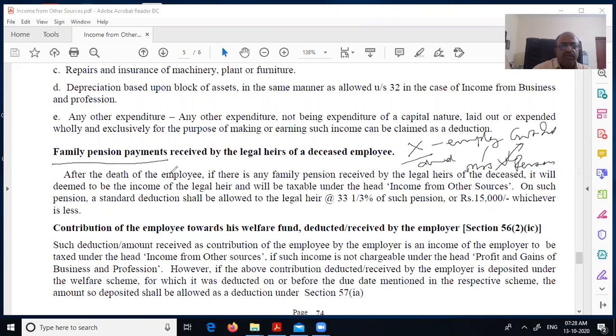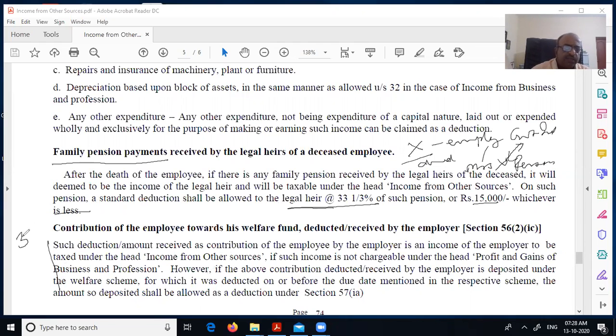So, pension received after the death of the employee by any family member or legal heirs will be taxed under other sources, and there will be a standard deduction of 33 1/3% or 15,000, whichever is less. Again, contribution to employees, we have already discussed when we initially discussed it.